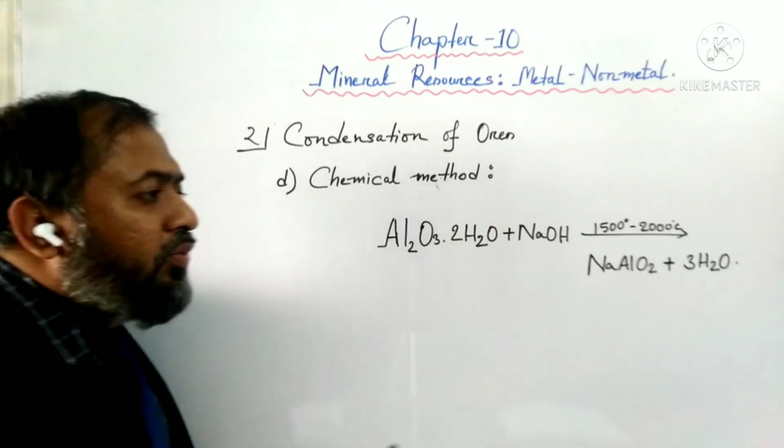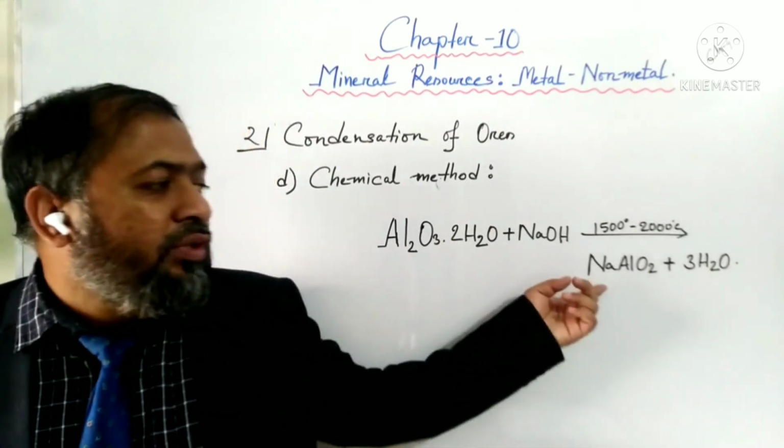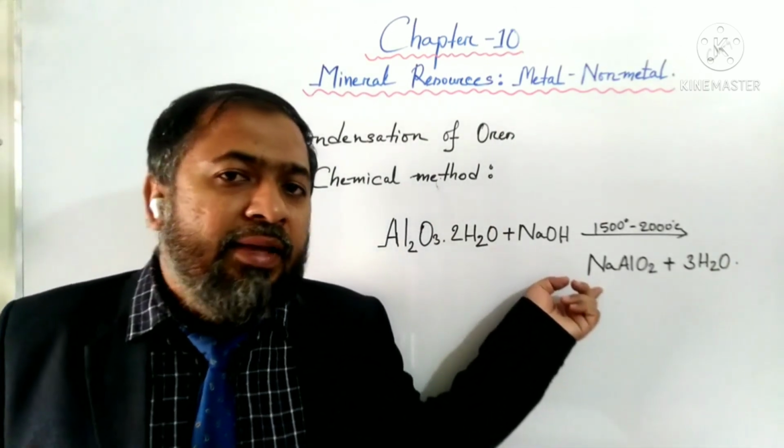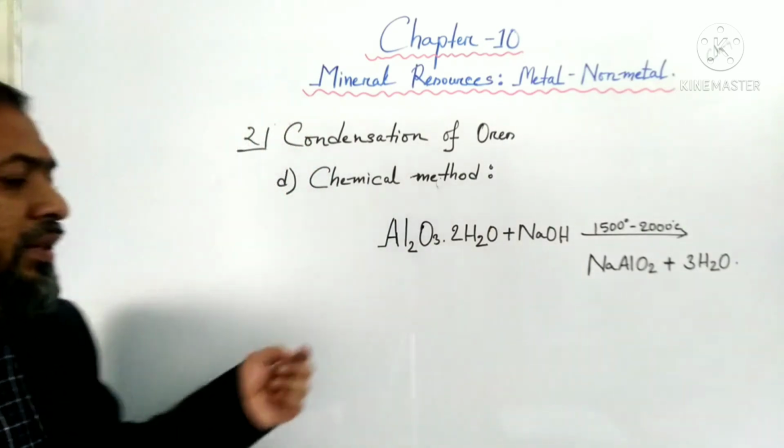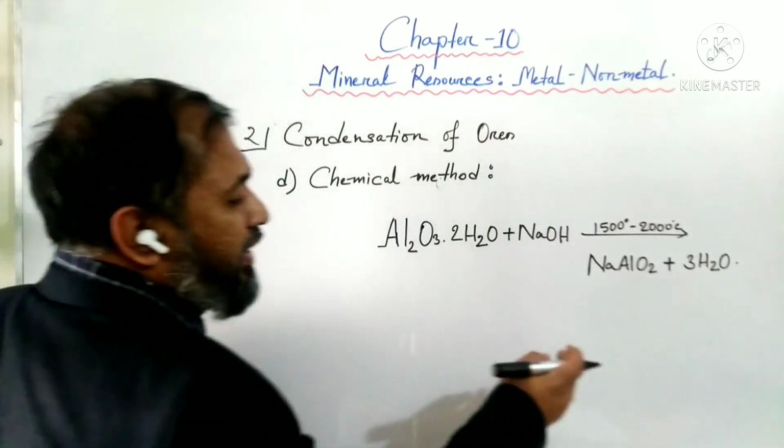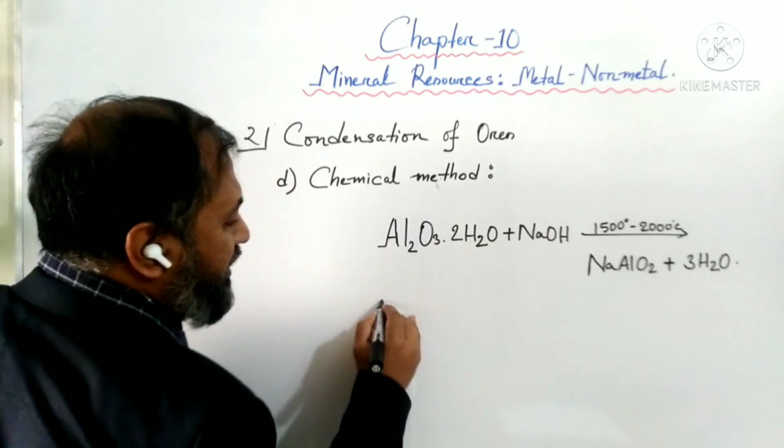When we allow the water molecule to react with sodium aluminate at high temperature, then it will produce sodium hydroxide and aluminum hydroxide. You can see.